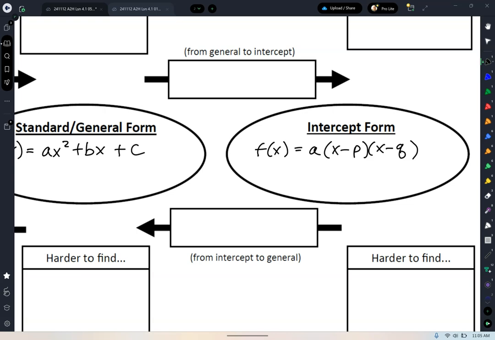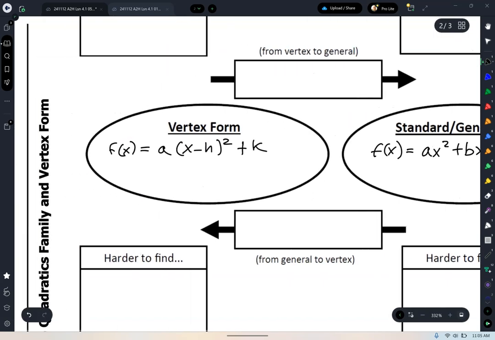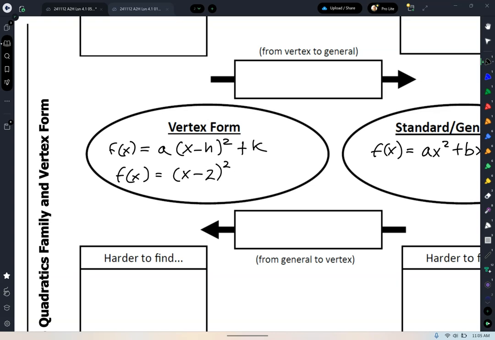So I'm just going to give you a quadratic function in vertex form. The one that we're going to work with here is f of x is equal to (x minus 2) squared minus 16.